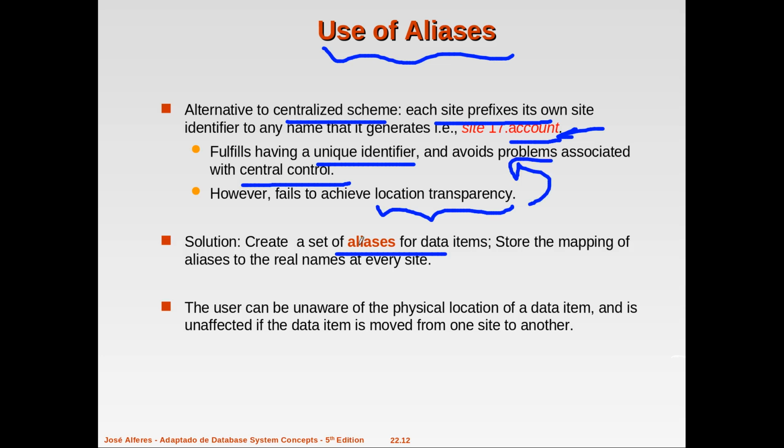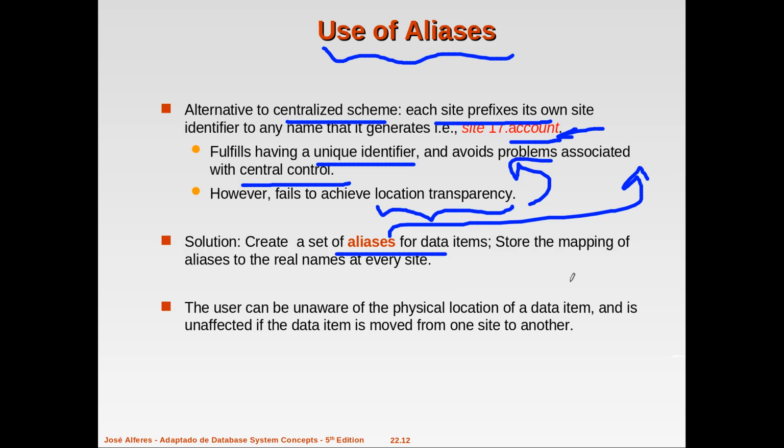But if it is present in different sites, we provide aliases. I was mentioning this before: the same item with different names, like site18.account. We are giving different names for the same item.